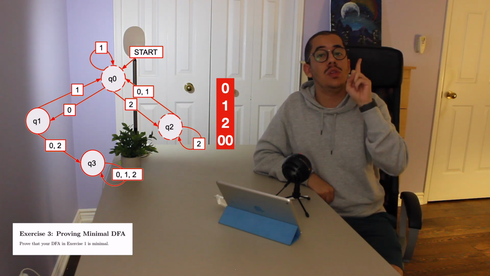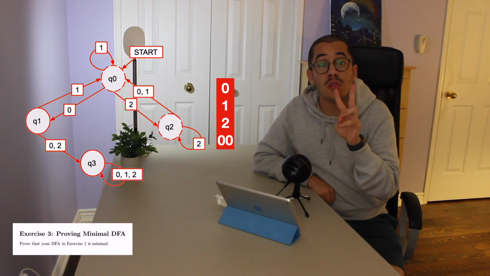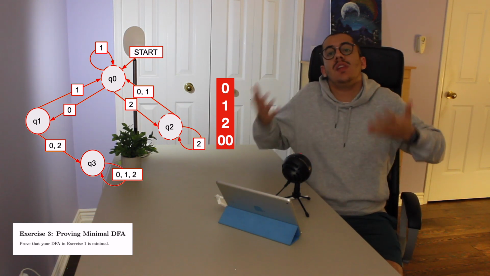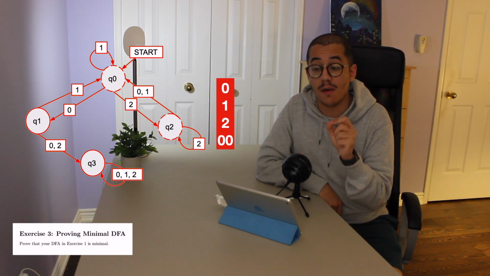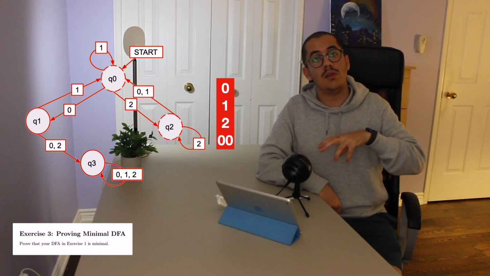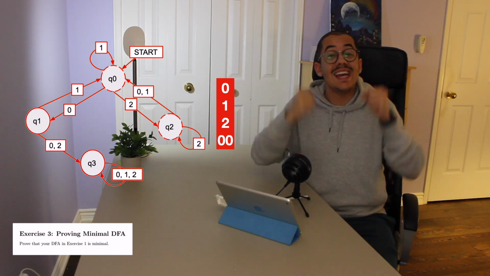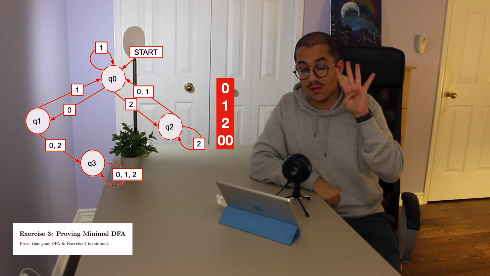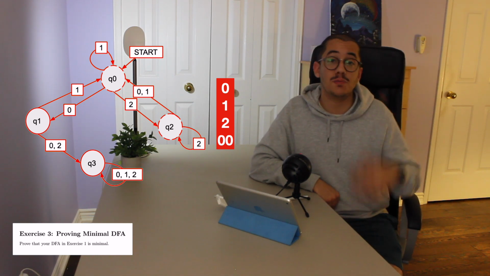At all times, only one of the pigeons fit in the box, not both of them. If both of them were part of the language, then yes, that would show that this is not minimal. But in this scenario, because every single one took its own box, 4 is the number of minimal states that this DFA could have, and that's pretty much it.